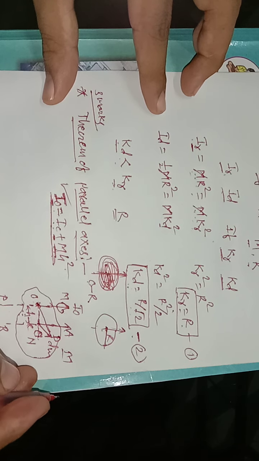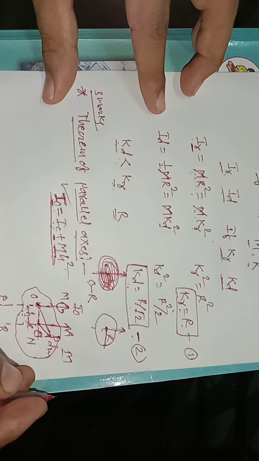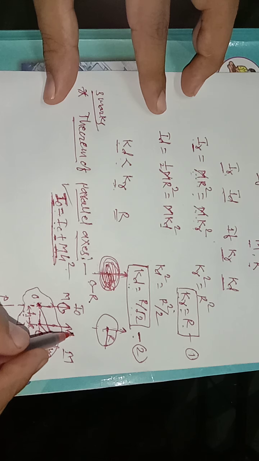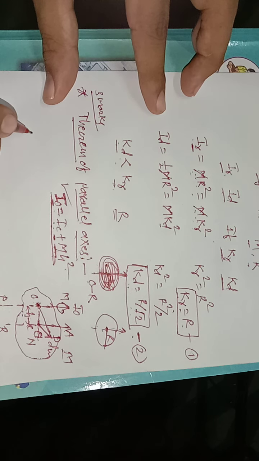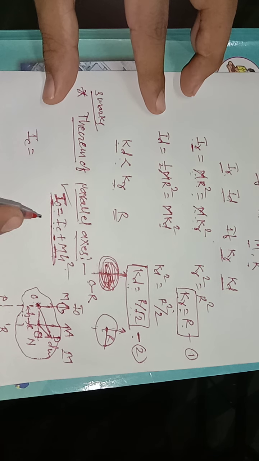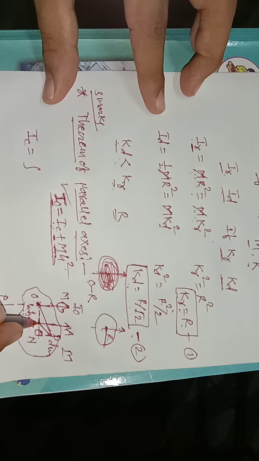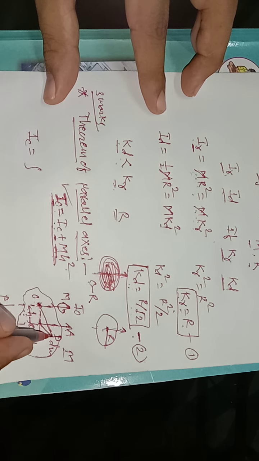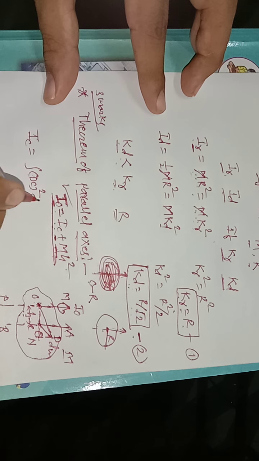Now the moment of inertia of the object about the axis ACB, according to the definition of moment of inertia, about an axis passing through the center of mass, that is IC, is equal to the integration of DC square dm.